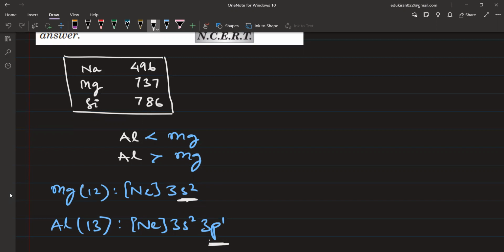So this will be easier. That means ionization enthalpy will be lower, correct?